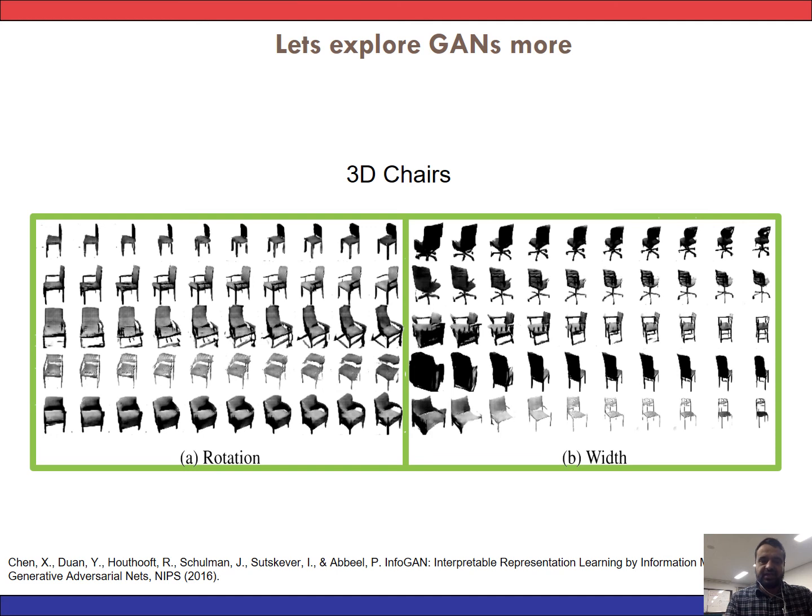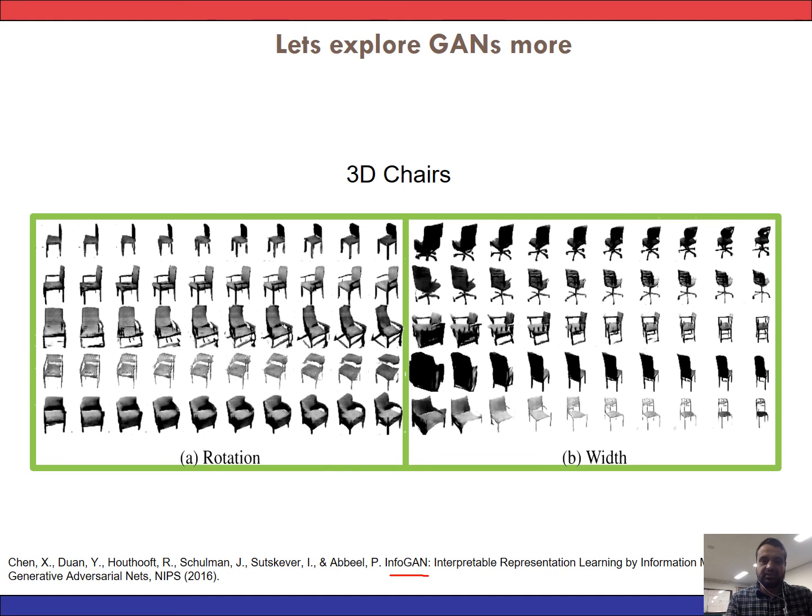There was nothing in the objective function to force these dimensions to specific features. So in this new paper called InfoGAN, they embed these things in the objective function. Once they embed these things in the objective function, then the GAN can specifically learn those features.